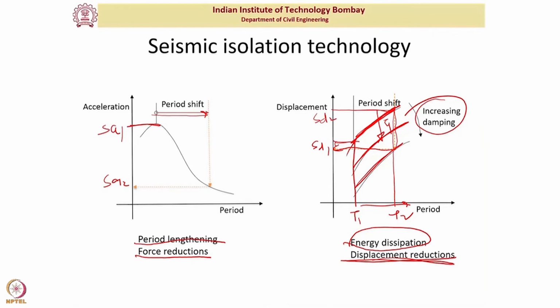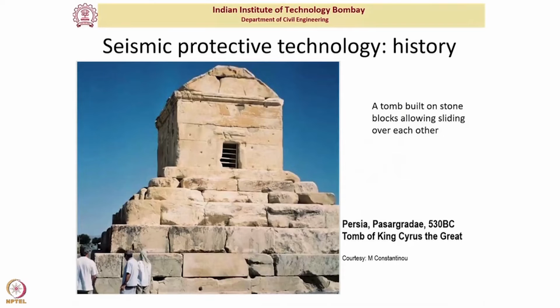Now you might think that seismic isolation is a very new technology. You might have seen the recent applications, but the overall idea behind seismic isolation technology is actually not very new.